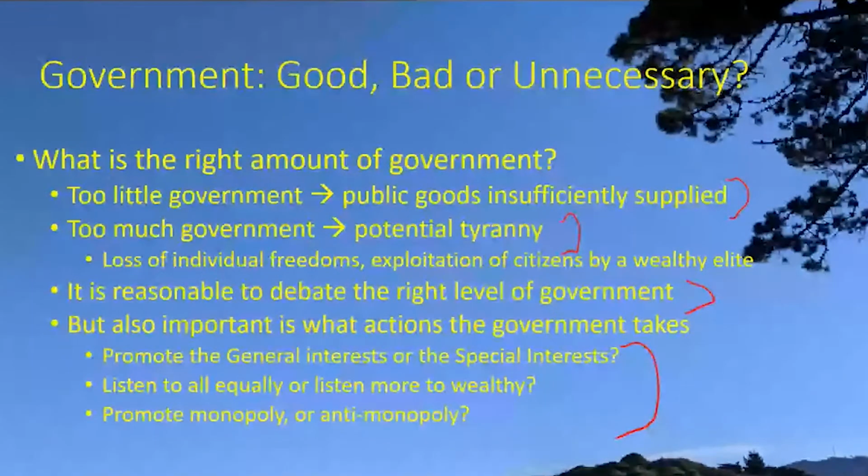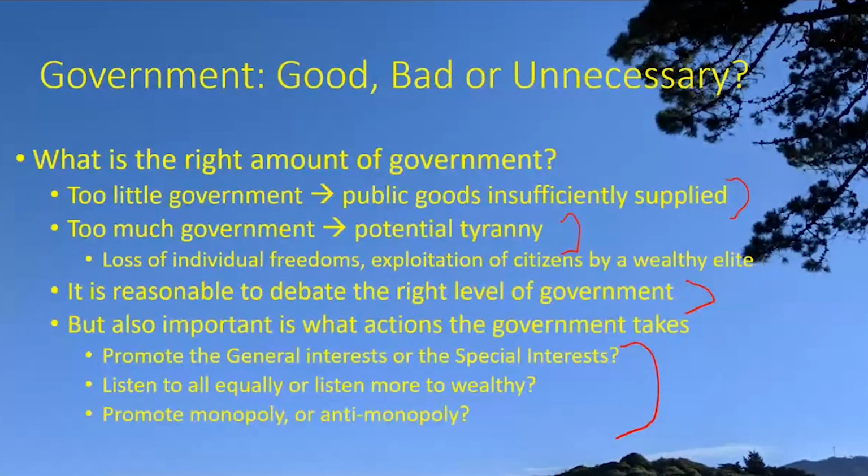Last point here, and this is a really important aspect: we have to go back to the Mancur Olson arguments that we talked about a couple of weeks ago. In that, special interests often have an outsized role in influencing the decisions of a democratically elected government. And so we have to ask questions a lot.